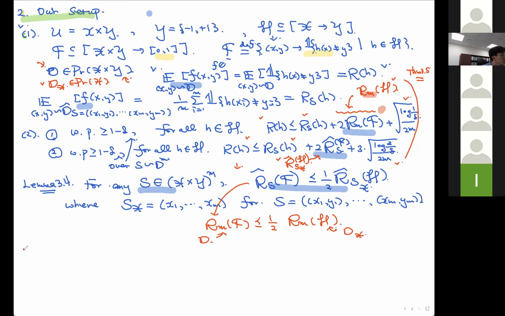The proof of lemma 3.4 is, in some sense, a calculation.